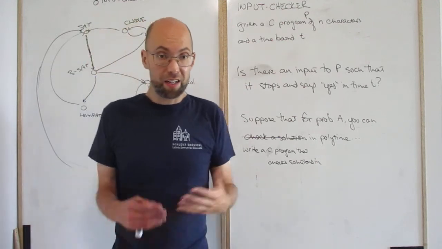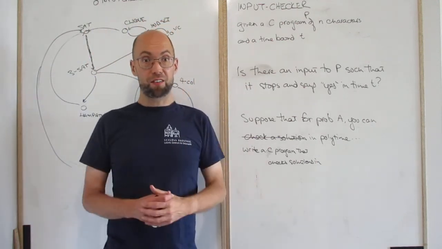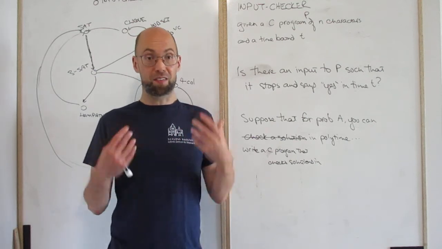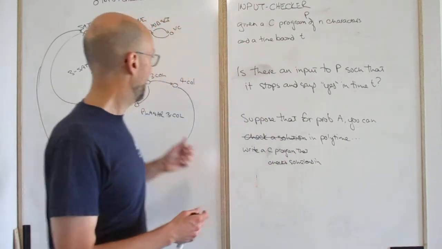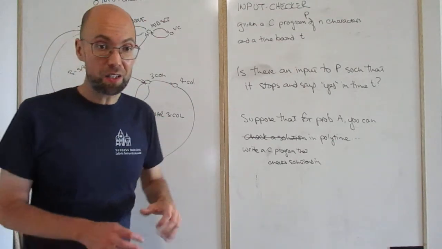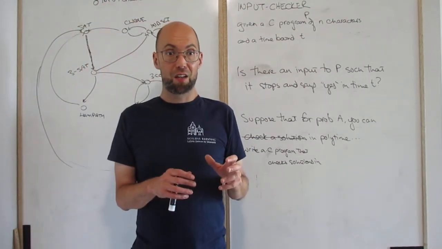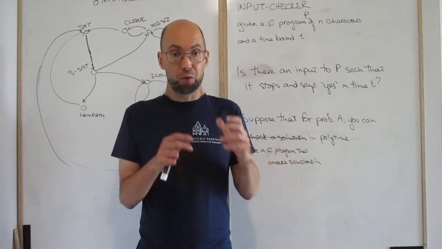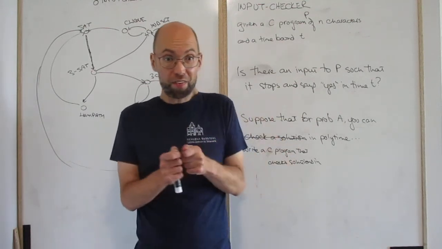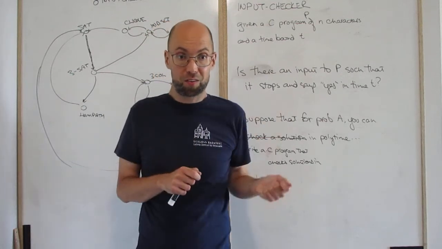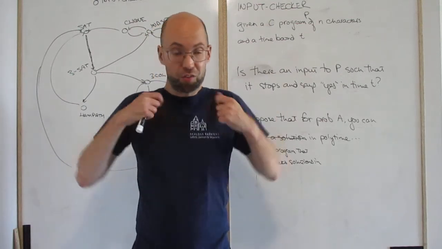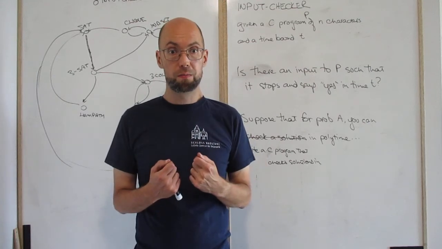So you can look at it and say, is there some input that makes it say yes? Well, okay, for colorability, you write a little program that, given a graph, checks whether a color assignment to the vertices of that graph is a proper coloring.